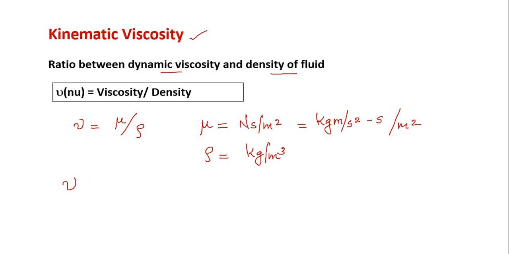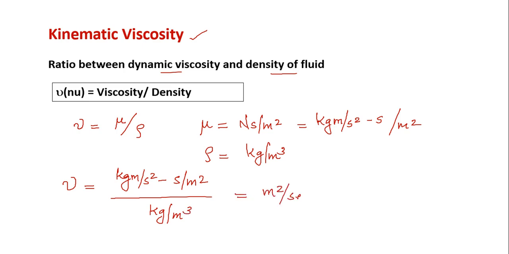So we can express kinematic viscosity or nu as kilogram meter per second square into second per meter square divided by kilogram per meter cube. By solving, we will get it as meter square per second. And there is an alternate unit known as stoke. And 1 stoke is equal to 10 raised to minus 4 meter square per second.